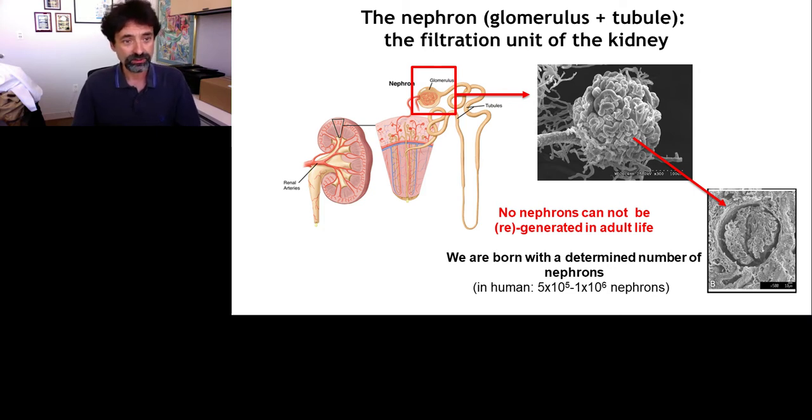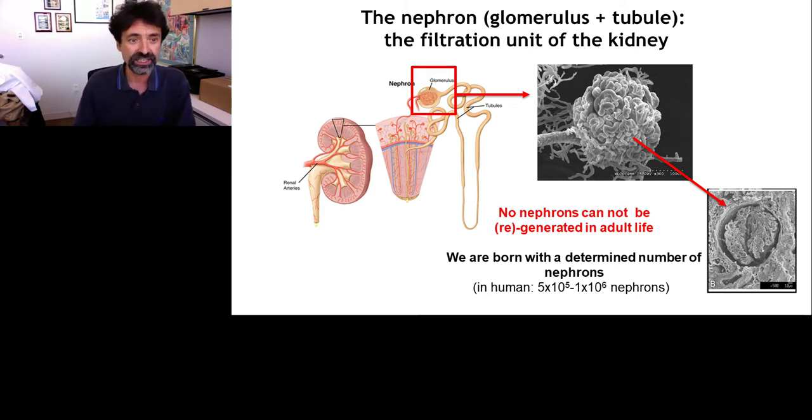In the glomerulus, what happens is the major filtration of the blood and the formation of the initial urine. And then through the tubules, the urine gets concentrated, and the elements that are important for our organism get reabsorbed, and some other substances that have to be eliminated get released by this fraction of the nephron.